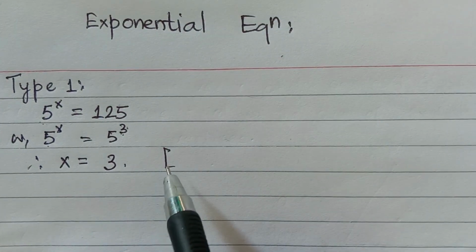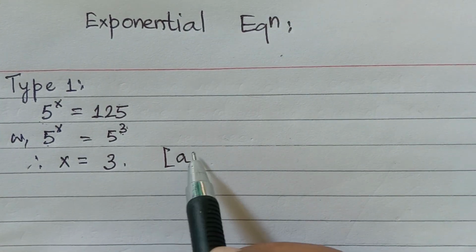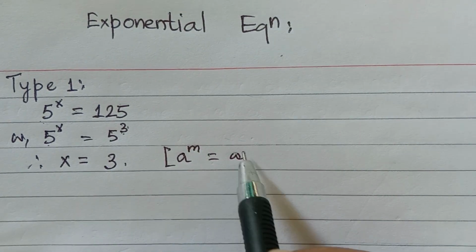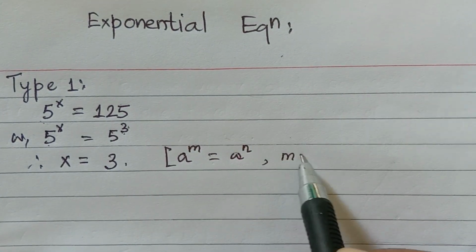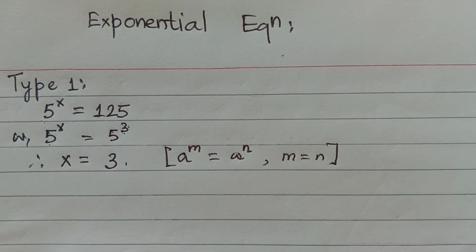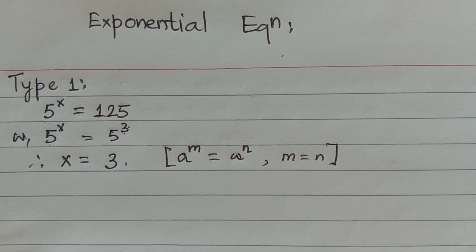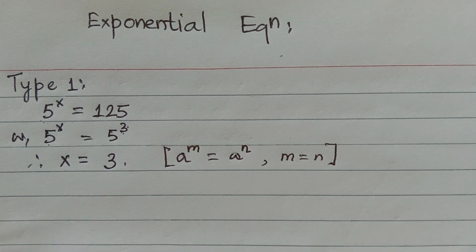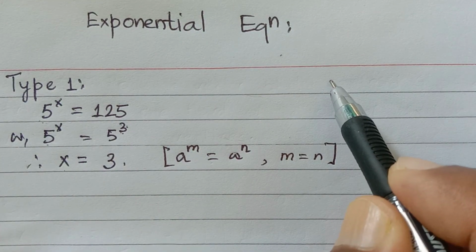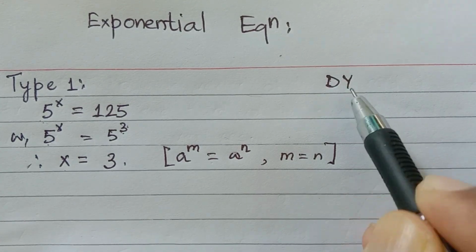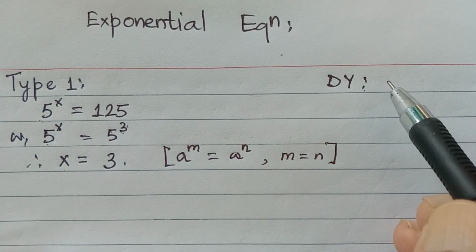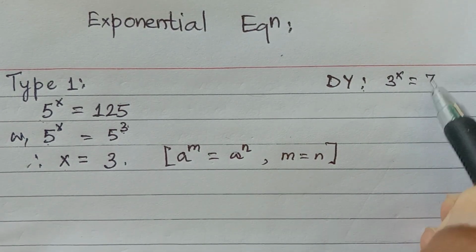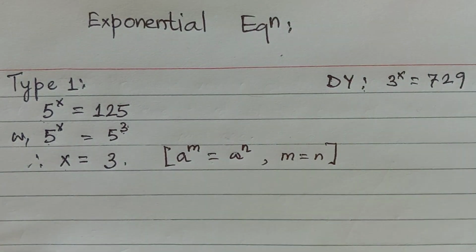We know that in the exponential law, if a raised to m is equal to a raised to n, then m is equal to n. According to this law, x is equal to 3. Now do it yourself. The question is 3 raised to x equal to 729. This is for you.